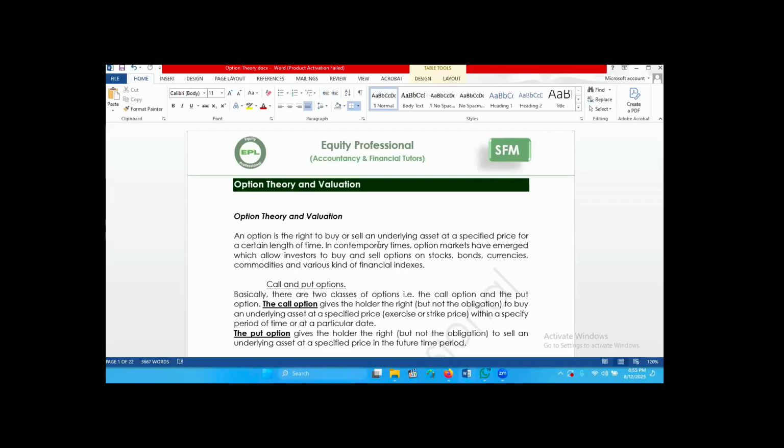There are two classes of options. We have defined option: the right to buy or the right to sell. That means it's a right, not an obligation. You are obtaining a right to buy an asset, or you are obtaining a right to sell an asset.